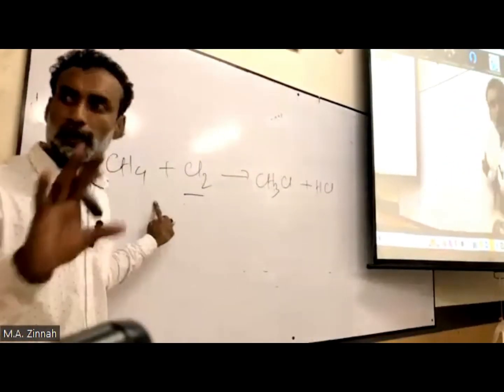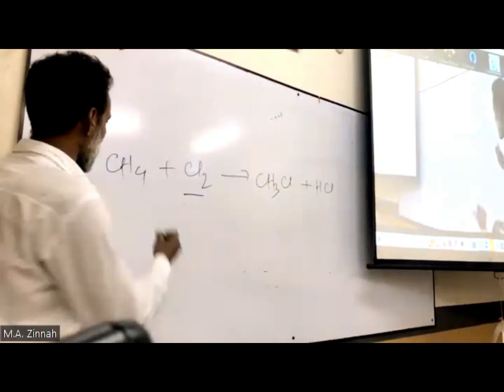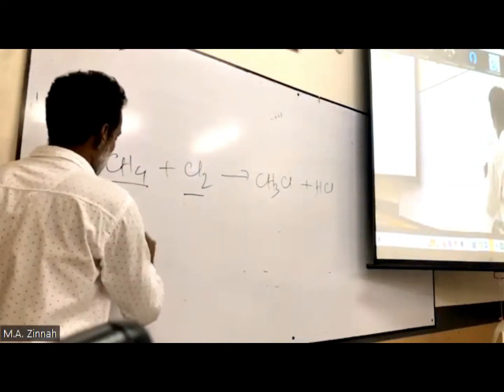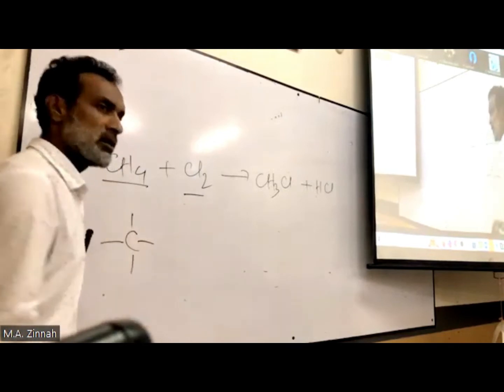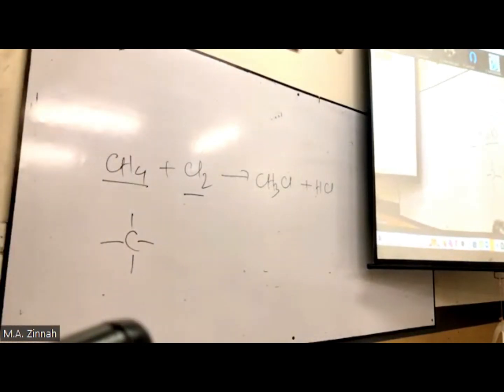Come on, I display the equation. I'm going to display the equation. Look, this is methane. Here are 4 hydrogen atoms, right? How many hydrogen atoms? 4.